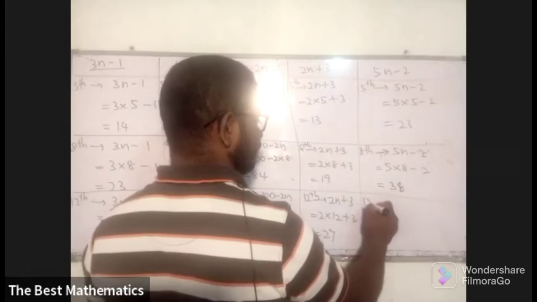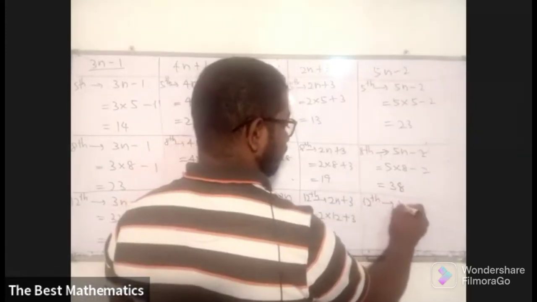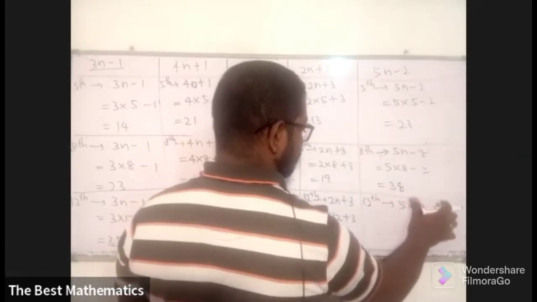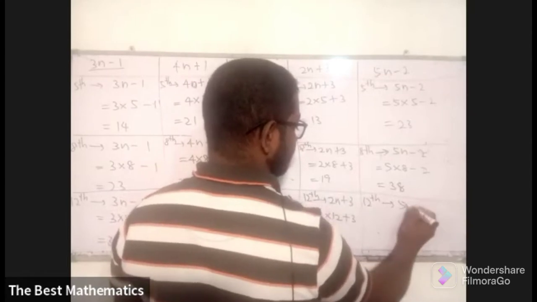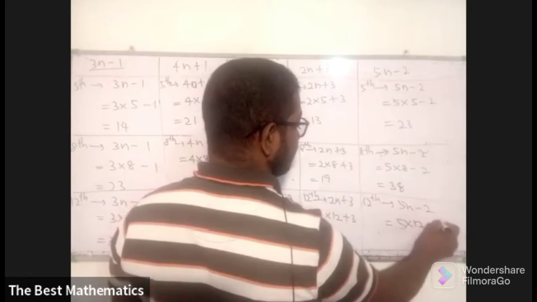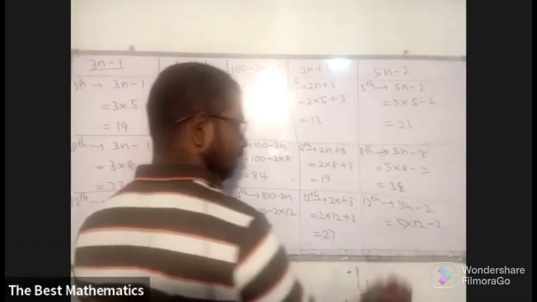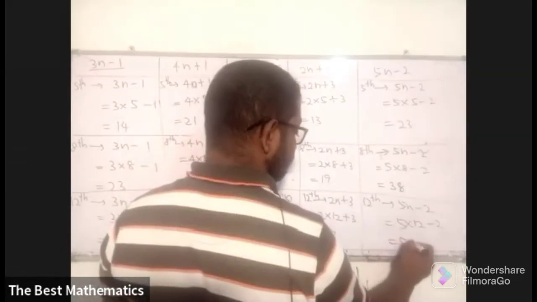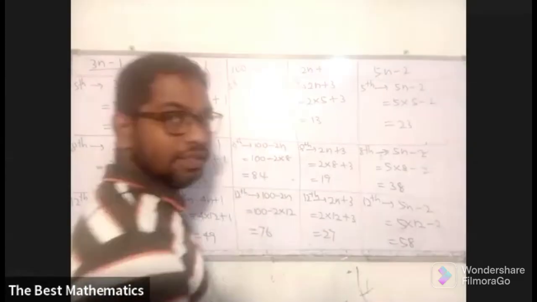Then the 12th one. Write the general term first: 5n minus 2. 5 times 12 minus 2. 5 times 12 is 60, minus 2 is 58. Yes.